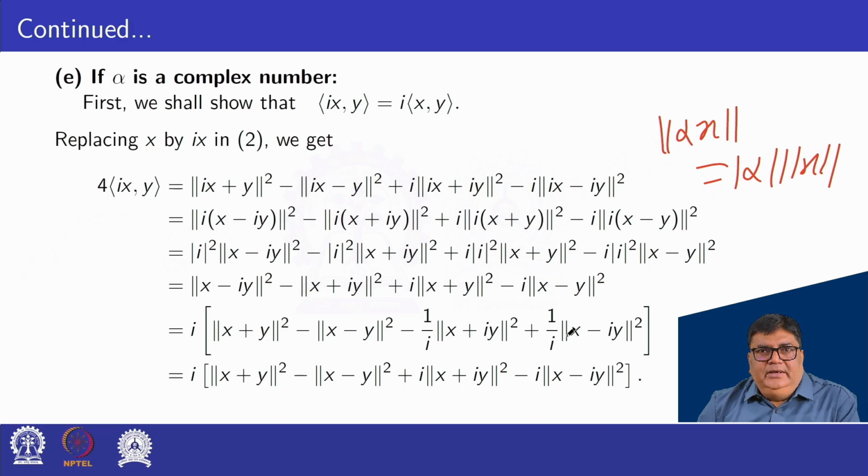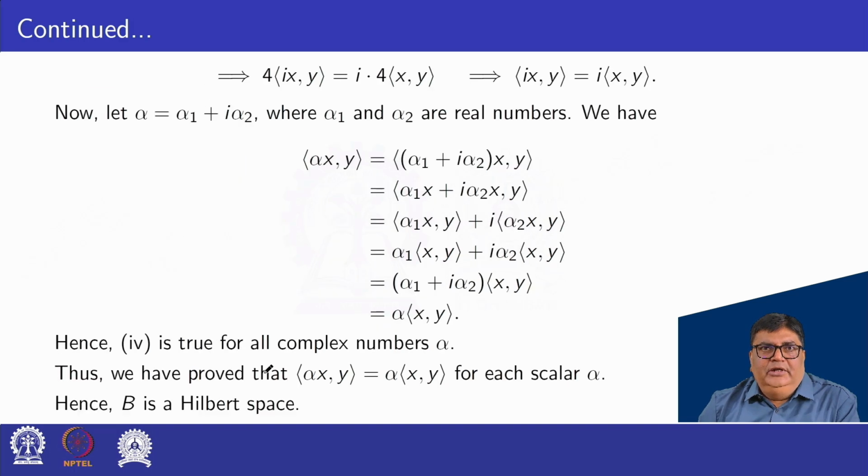So multiplying these two terms in numerator and denominator by i, we have this expression, i into the polarization identity. So 4 into the inner product of ix, y equals i into 4 times the inner product of x, y. So 4 cancels out. This implies that the inner product of ix, y equals i into the inner product of x, y.